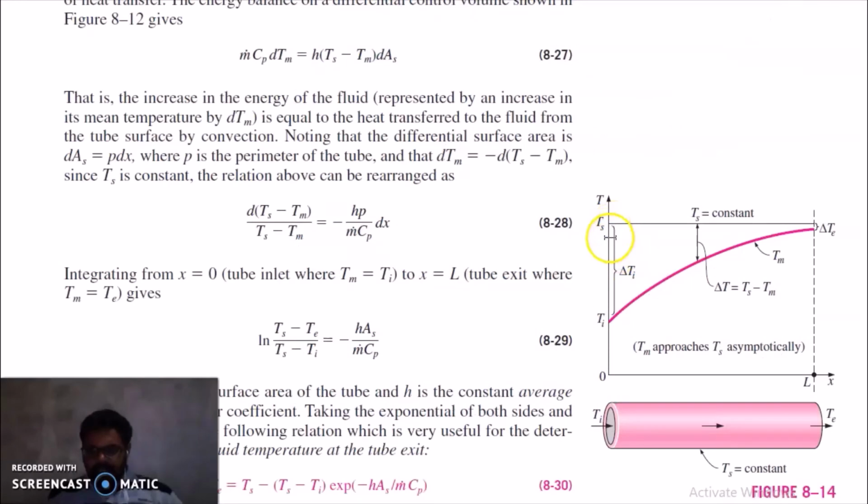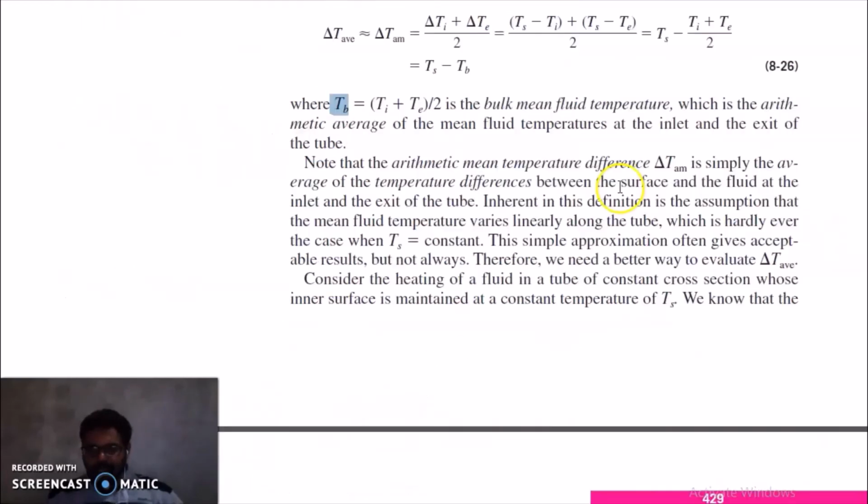Means this is your average of this temperature difference and this temperature difference. So in the definition, the assumption is that mean fluid temperature varies linearly along the tube, which is hardly ever the case when Ts is equal to constant.